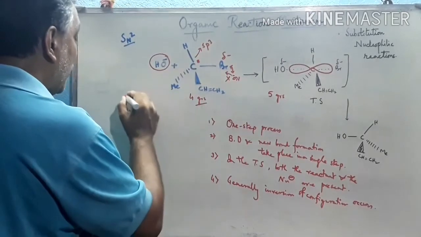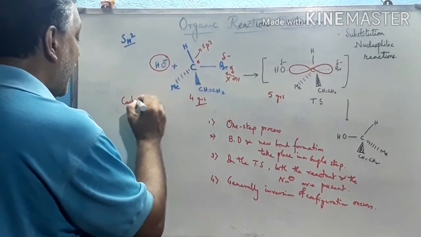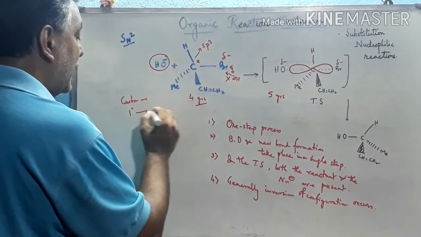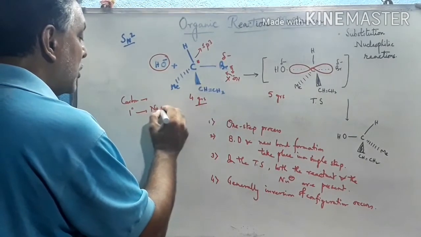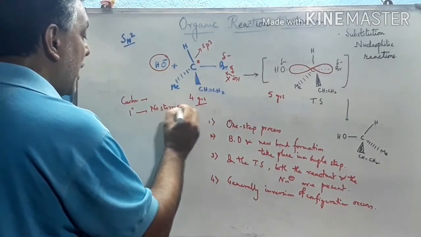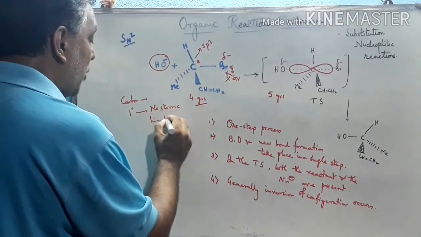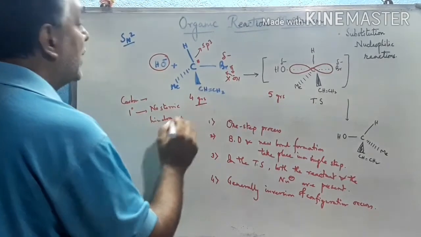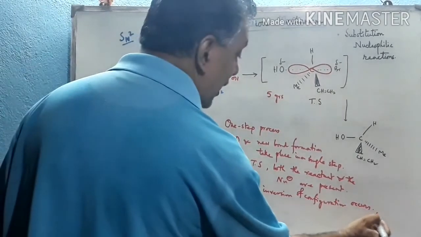Whenever the carbon atom of the attacked species is 1 degree, then no steric hindrance occurs, and in that case the SN2 type mechanism occurs.